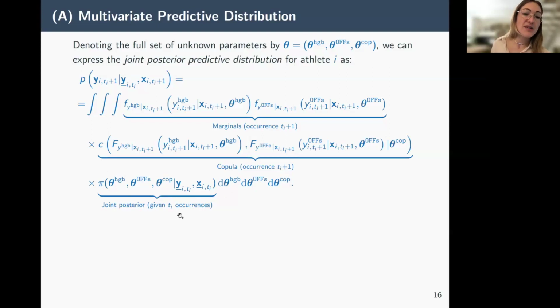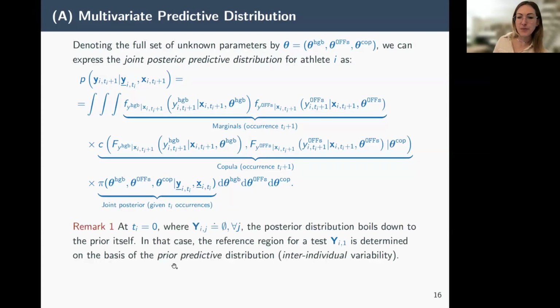And the problem now is how to estimate this joint posterior distribution. Again, I want to notice that if no observation has been observed for individual I, so if we are at time I equal to 0, so our new test is basically yi1, then this posterior predictive distribution boils down to the prior predictive distribution itself.